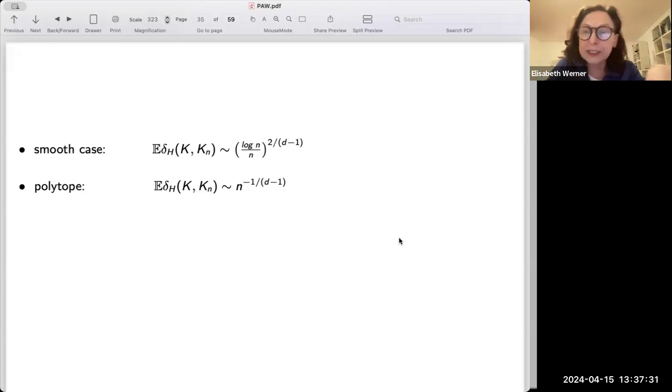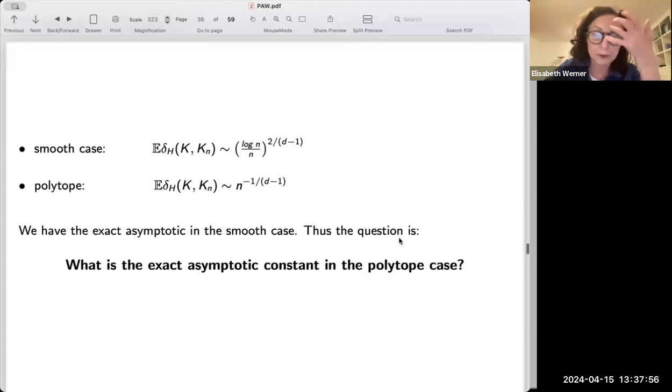And at least in the polytope case, what we know so far is the dependence on the number of chosen points. That is, when K is a polytope itself, the expected Hausdorff distance to the random polytope behaves like n to the minus 1 over d minus 1. But what we want to know is what is the exact asymptotics also in the polytopal case.